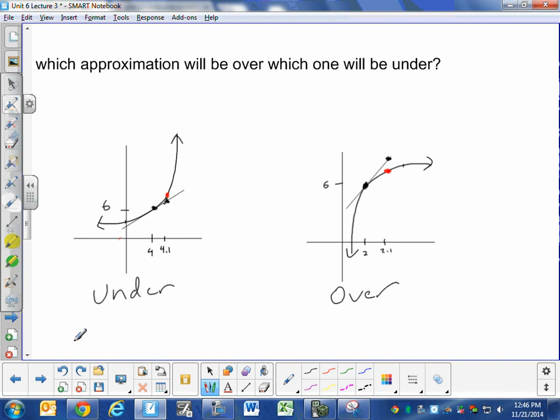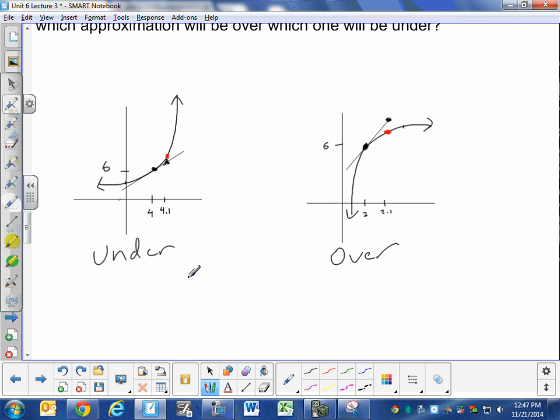What's the difference between the two graphs? Exactly. The second derivative is positive in one, the second derivative is negative in the other. The difference in these two are the concavities. This graph is concave up, and this graph is concave down.